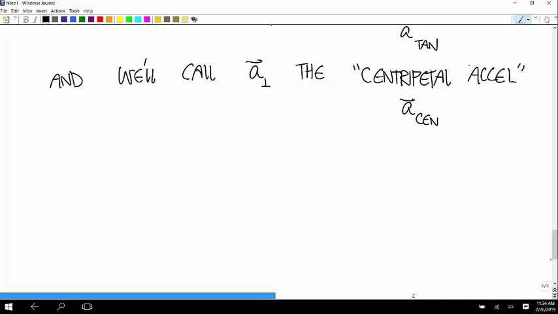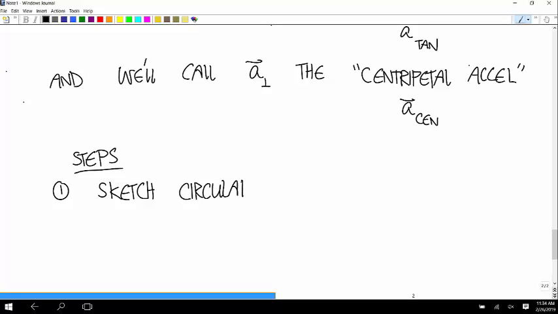And so the steps for figuring out the directions of these are: first, sketch the circular path. Second, draw the velocity vector tangent to the path.